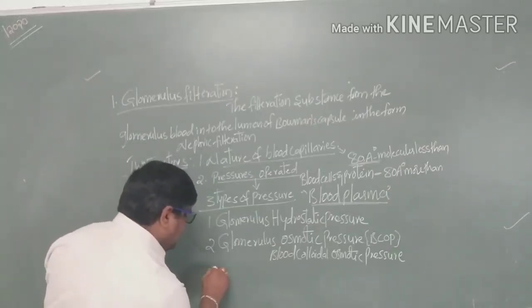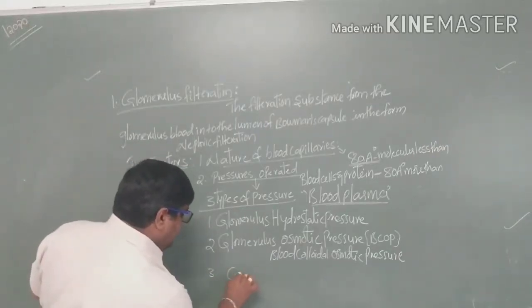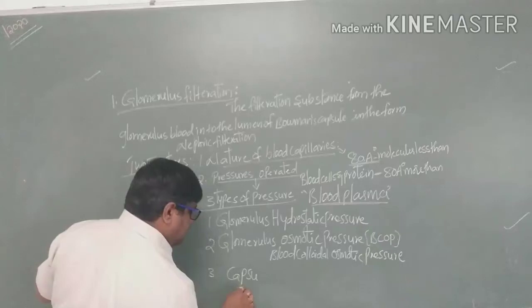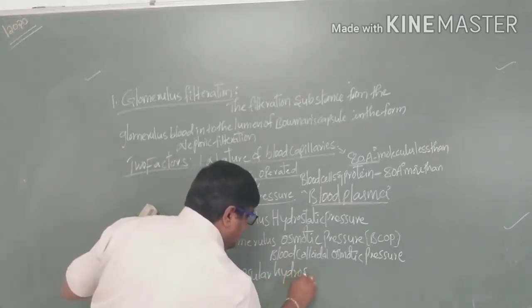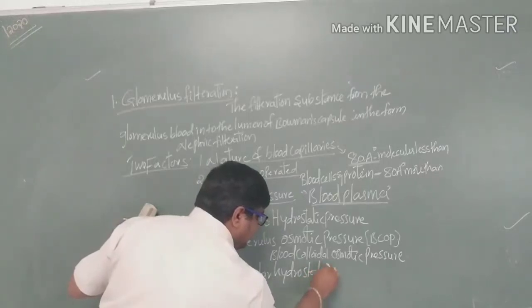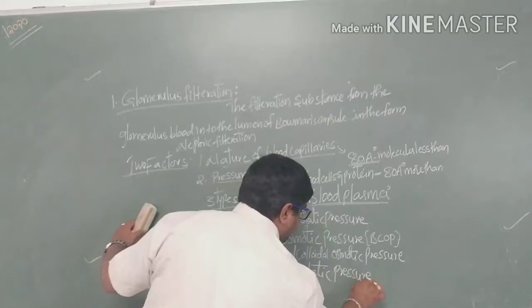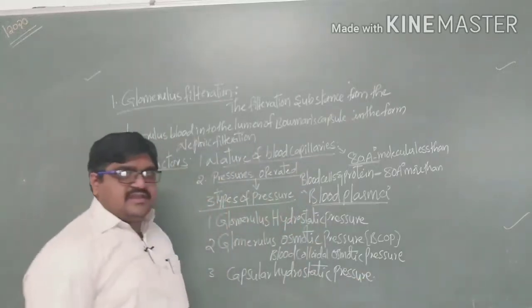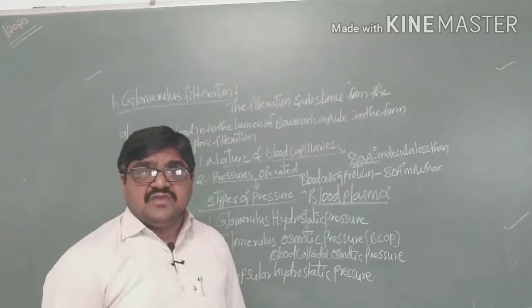And the third one is the capsular hydrostatic pressure. So these are the three pressures which operate in the filtration of the blood.